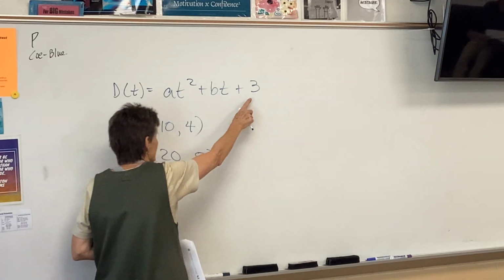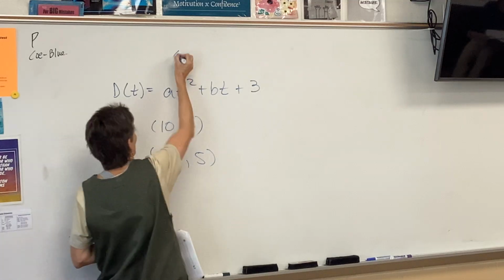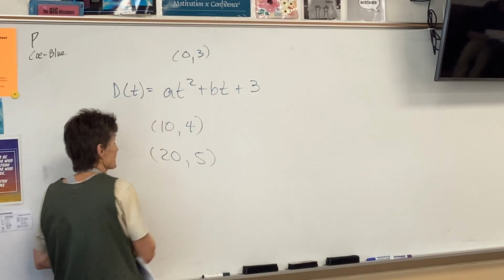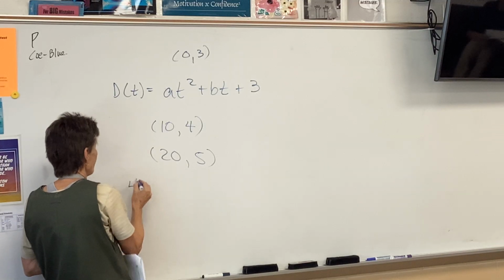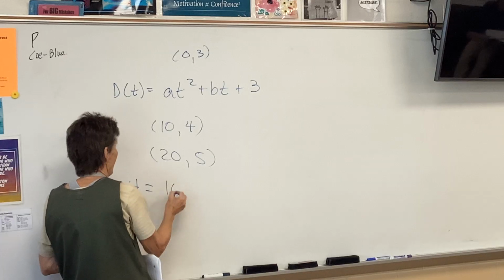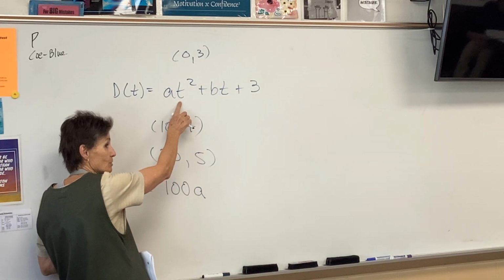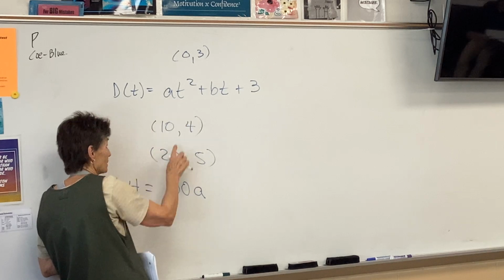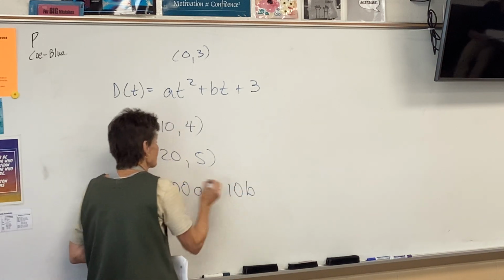We already know C is 3, that we used the point 0, 3 was our other point. We used that, gave us C. So now we'll plug these in. So 4 equals 100A, are you following along? How did I get 100? 10 squared plus 10B.